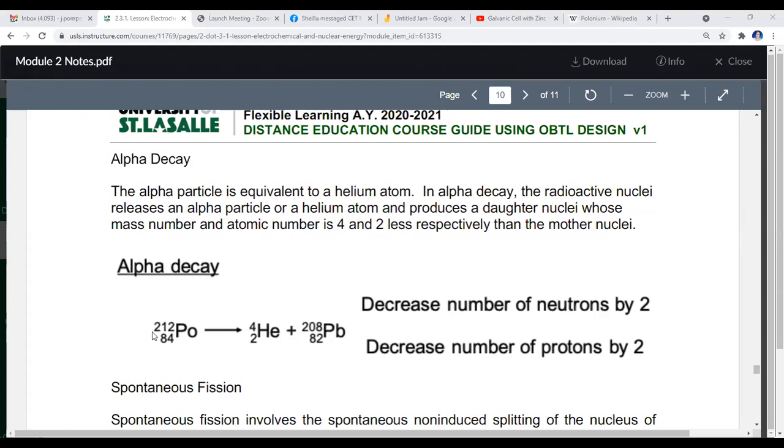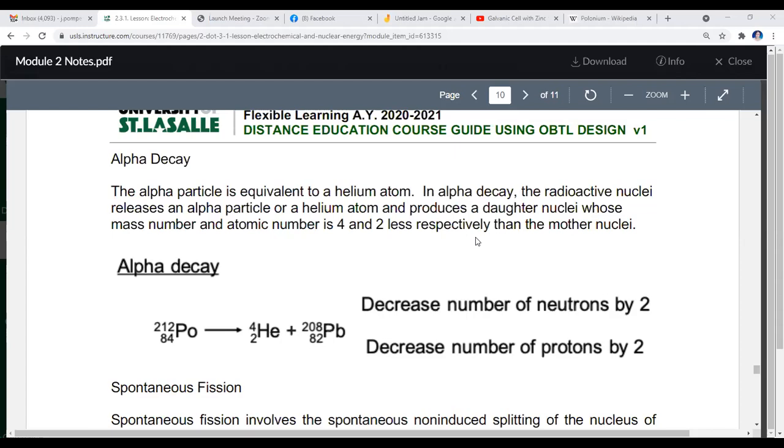So you have here the alpha decay of polonium, and it produces this particular helium atom, an alpha particle, and a daughter nuclei whose mass number and atomic number are 4 and 2 less, respectively.